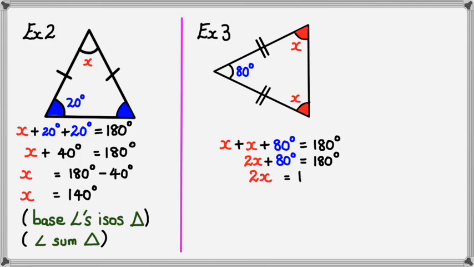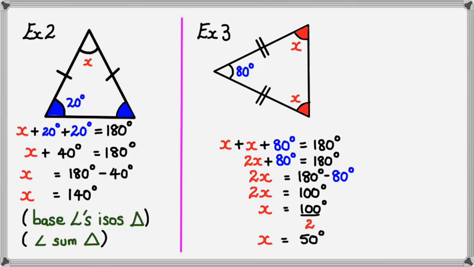Rearranging, 2x is equal to 180 degrees take away 80 degrees, and simplifying further, 2x is equal to 100 degrees. Dividing by 2 on both sides, x is equal to 100 over 2, so x is equal to 50 degrees. And as usual, guys, I'm going to write both of the reasons that I used in this example to solve for x.